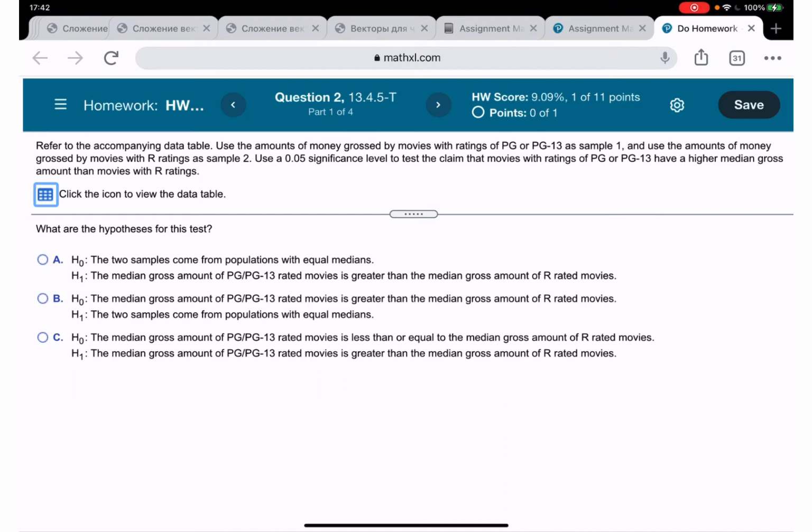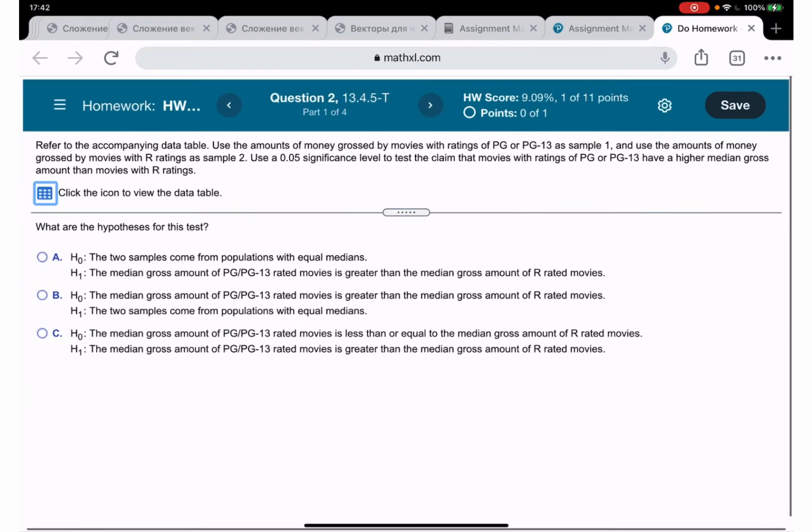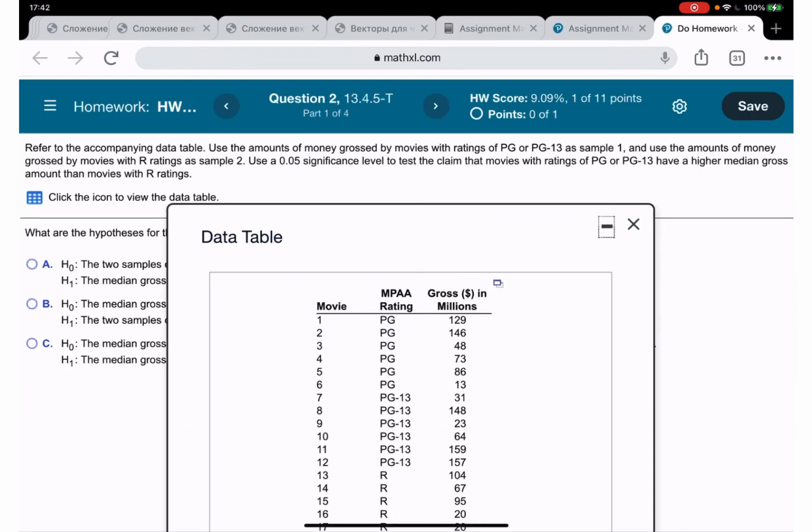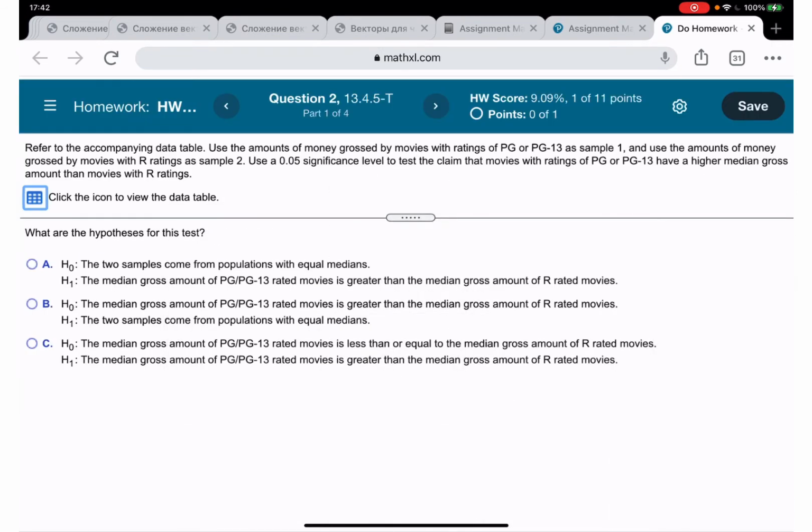Okay, this is interesting. How are we going to solve it? First of all, Wilcoxon rank sum test, because we are testing two samples, right?